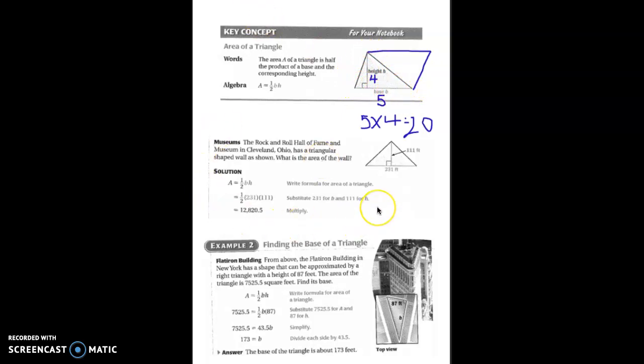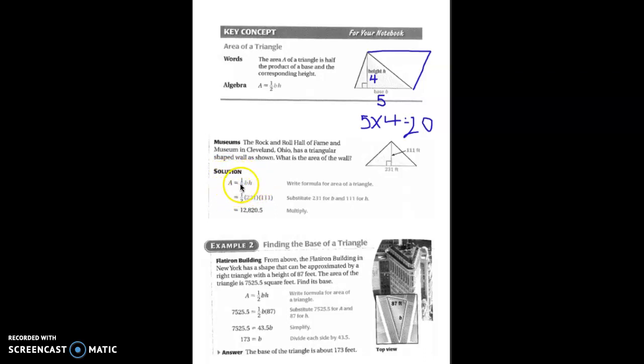Let's look at the first example. The Rock and Roll Hall of Fame and Museum in Cleveland, Ohio has a triangular shaped wall as shown. What is the area of the wall? So we can see that the base of this is 231 and the height is 111 feet. So what we do is we write out the formula of the triangle.